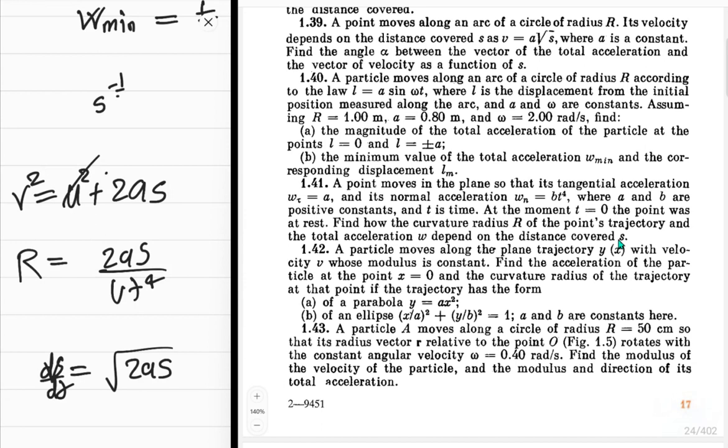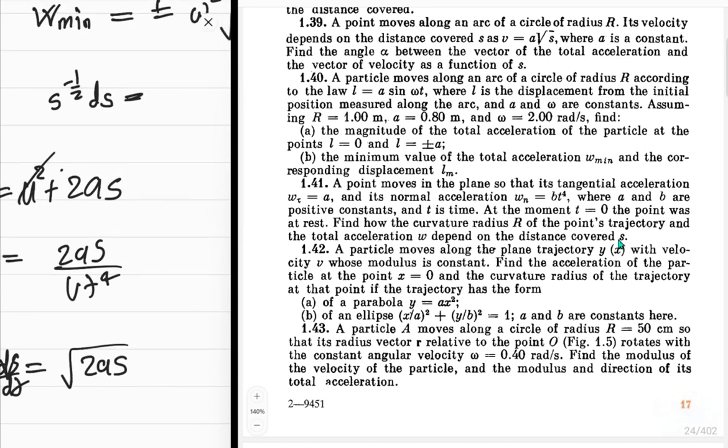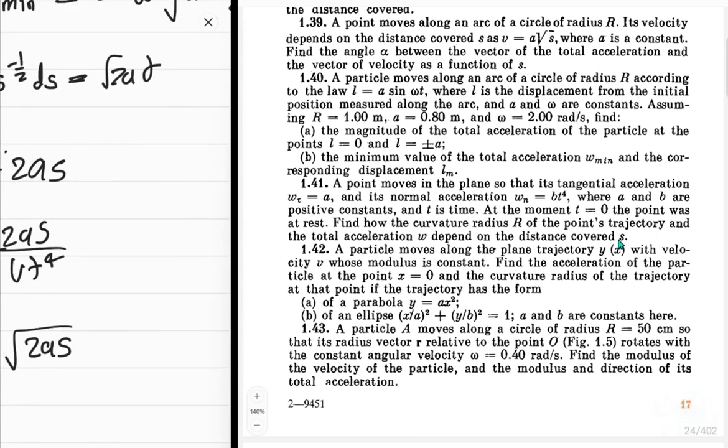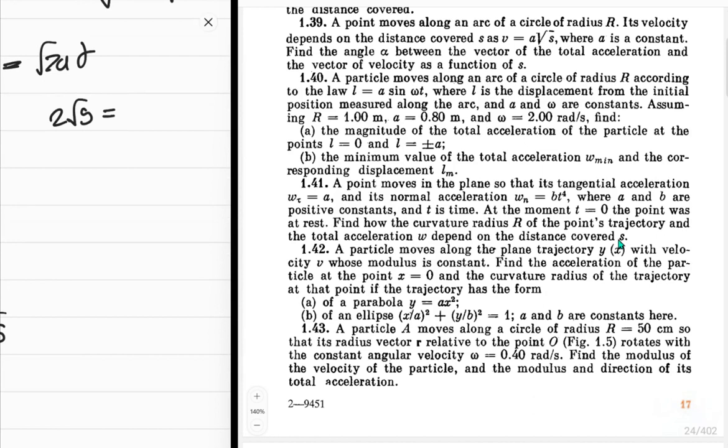So you will just have s power negative 1 upon 2 ds is equal to square root of 2a times dt. So integrating this thing, it will be plus 1 upon 2, that's like 2 square root s is equal to the integration of this thing. And by the way, s is just some positive number and you don't have to worry about it. So this will be square root of 2a times time.